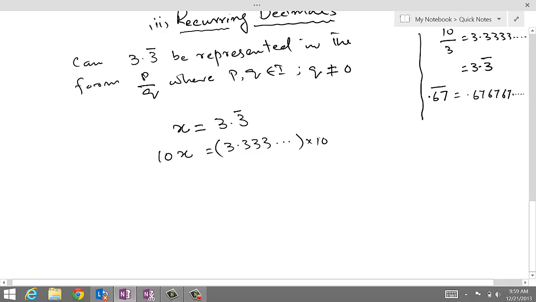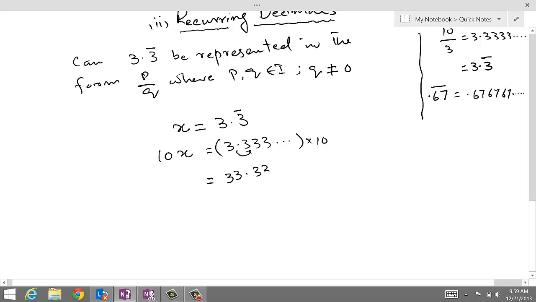What is the effect of multiplying by 10 on the right hand side? The decimal point moves one place toward the right, so this becomes 33.333 and so on.